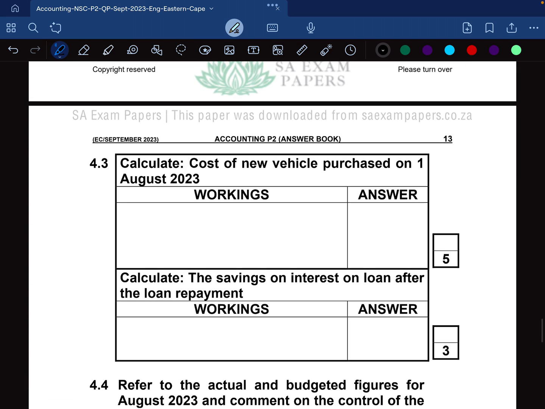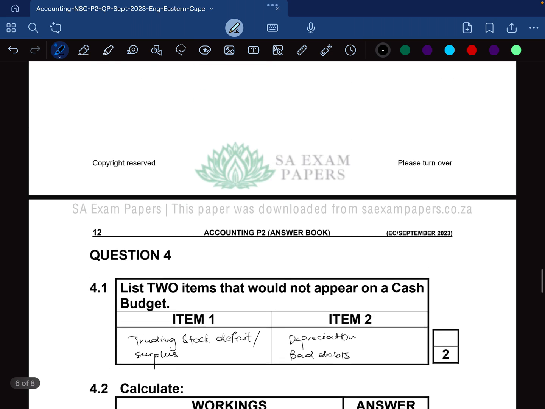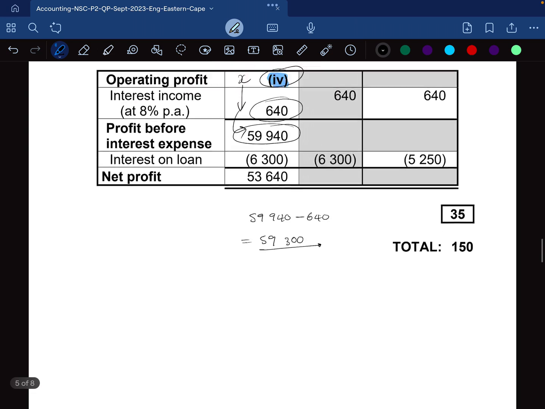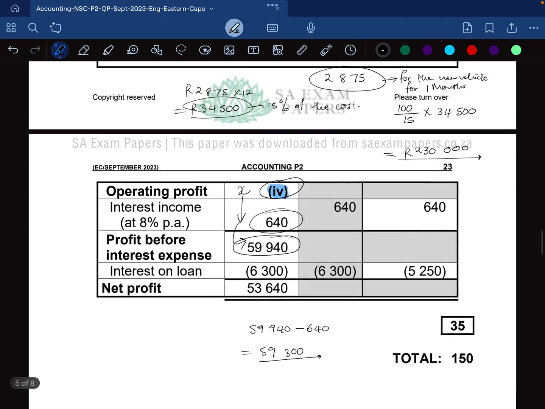So that's 5 marks. 230,000. So what we did, we took the 2,875 and we multiplied it by 12 to get, let's just see what that was, 34,500.